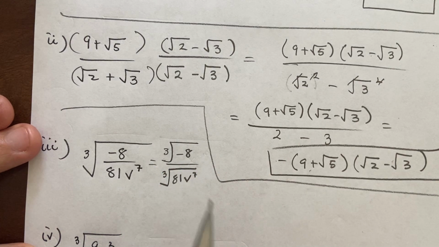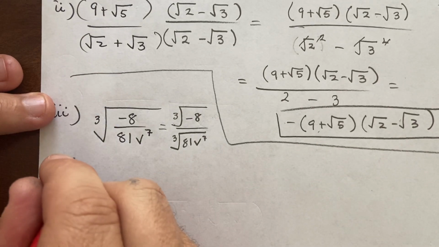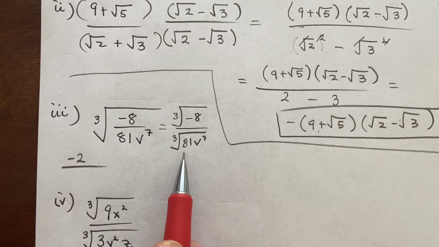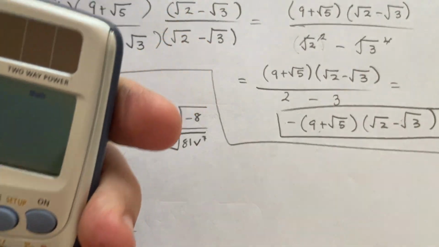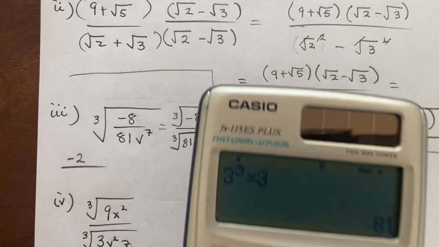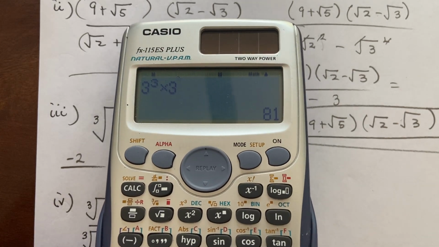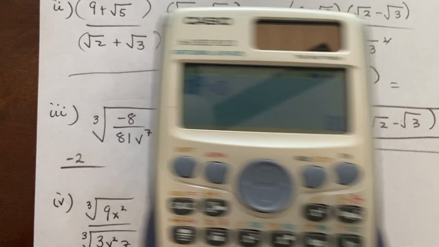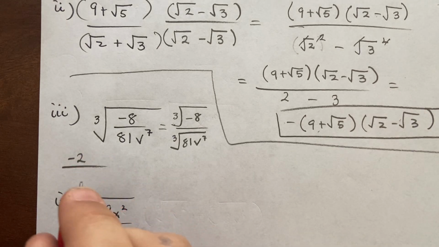The cube root of negative 8 is negative 2. The cube root of 81: 3 cubed times 3 is 81. So I can use that.